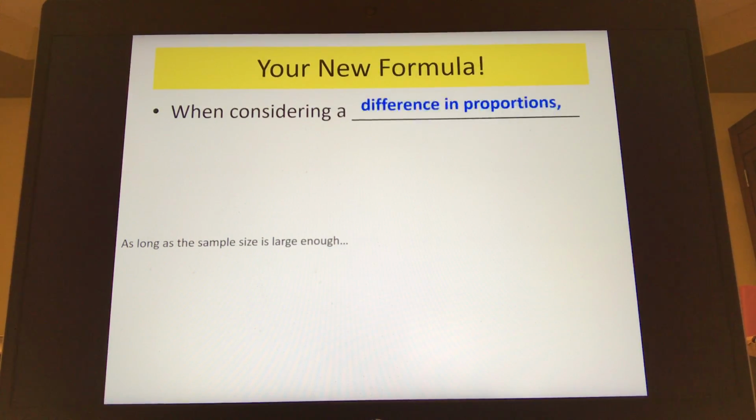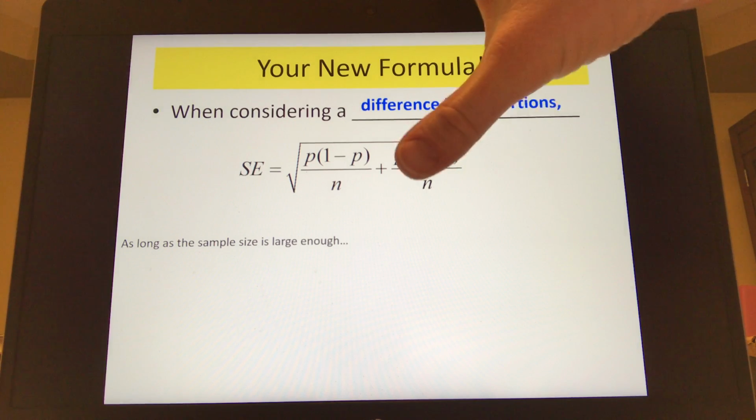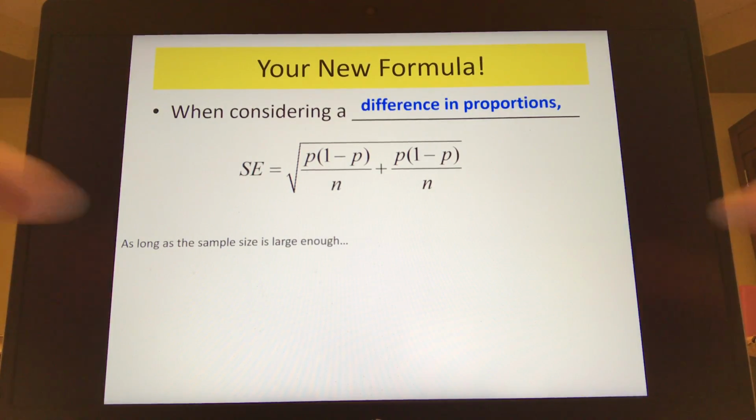When we're looking at a difference in proportions, it's the same formula you used in the last section, except now there are two parts to it. Instead of just having one of those, it's got a whole other part. To delineate between these, when we're finding a standard error for this difference in proportions, we want to differentiate between sample group 1 and sample group 2.